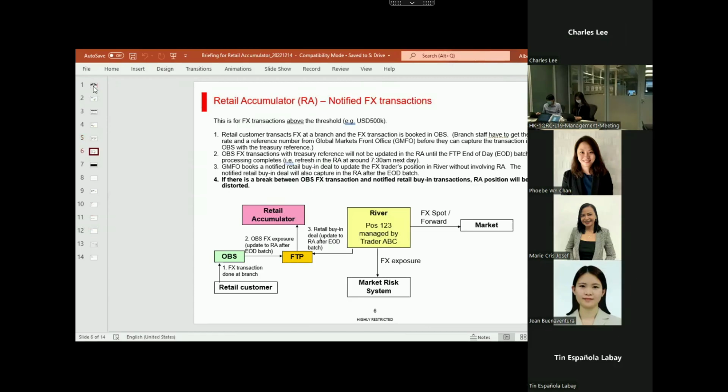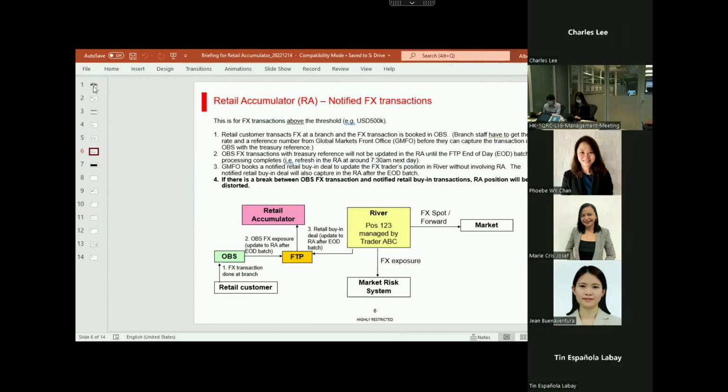Yep, this is another diagram of a different kind of FX transaction. This is notified, and the one prior to that is not notified. The flow is similar. Timing on how the risk is reflected to RA is slightly different.